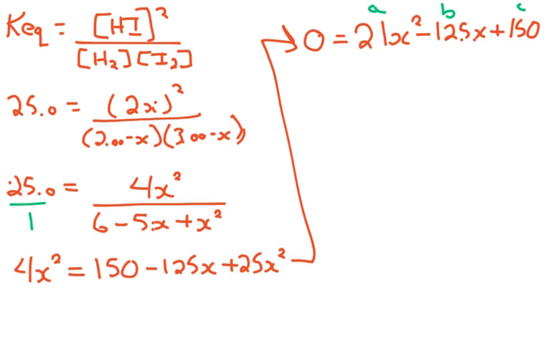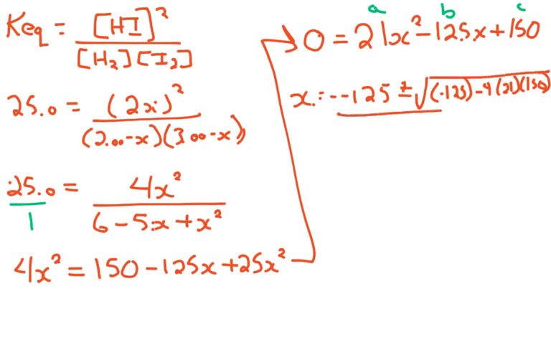Filling into the quadratic formula, x equals negative b, so negative 125, plus or minus the square root of b squared, negative 125 squared, minus 4ac, all divided by 2a. And I forgot the squared on the negative 125 under the square root.